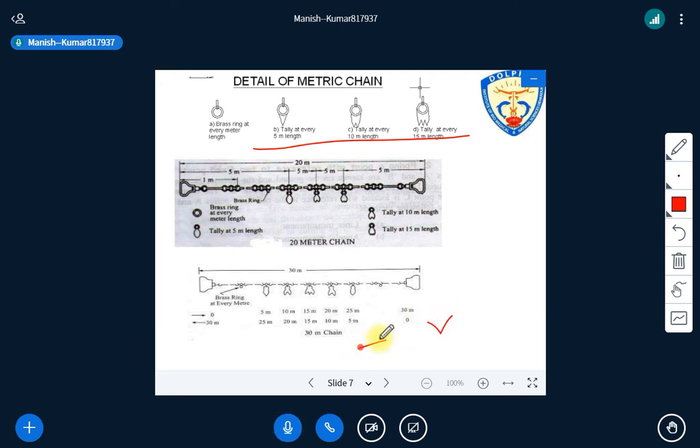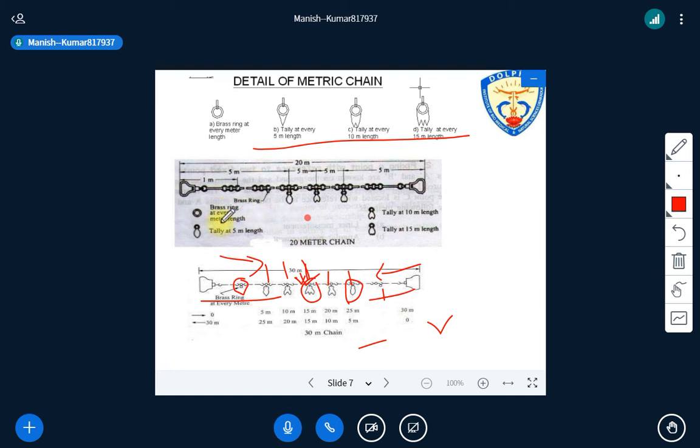If this is a 30-meter chain, there is one brass ring after 1 meter, then after 5 meters there is one tally, then 10 meters one tally, then 15 meters, which is the midpoint. Moving from the other side, again there is a brass ring at 1 meter, then 5 meters, 10 meters, and 15 meters. So whether you move from this point or that point, you are able to understand what this tally represents, right?